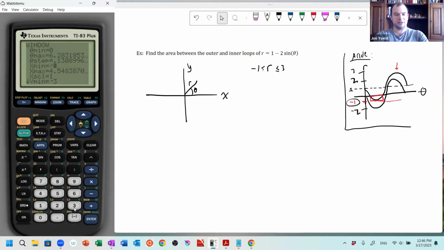I should be able to get everything in the picture then. My y min and max are already set to -3 to 3. Let me graph this. And then maybe I'll do a zoom square, zoom 5.